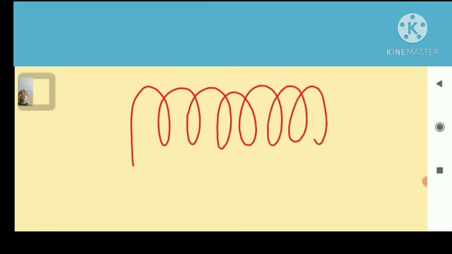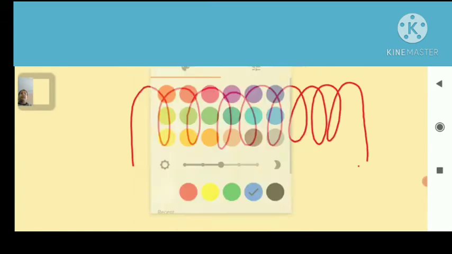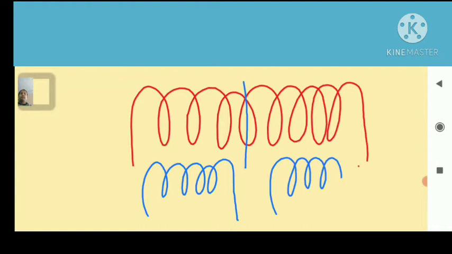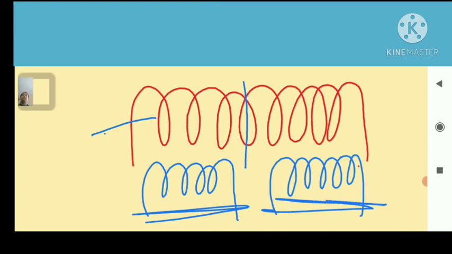Now if we take a solenoid and cut it into two pieces, we get two new solenoids, and the magnetic field of the original solenoid is greater than that of these two solenoids.